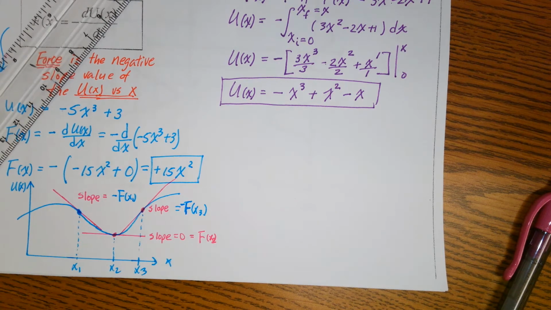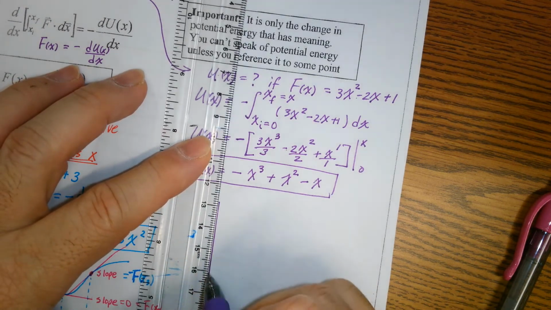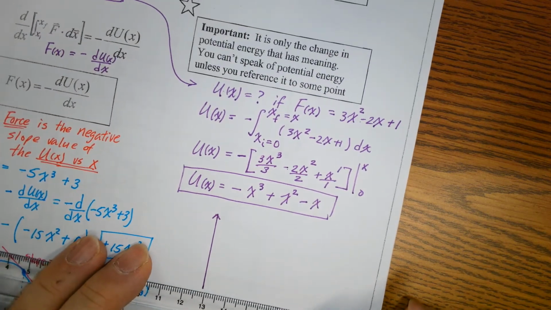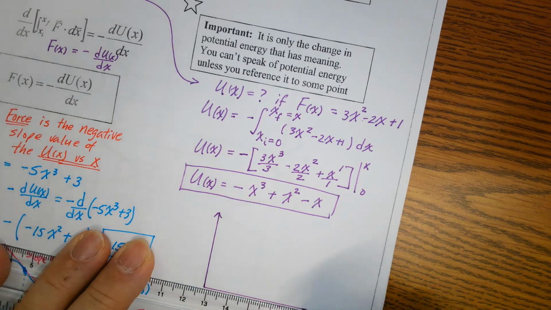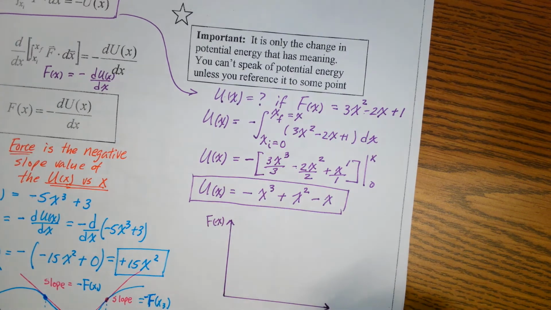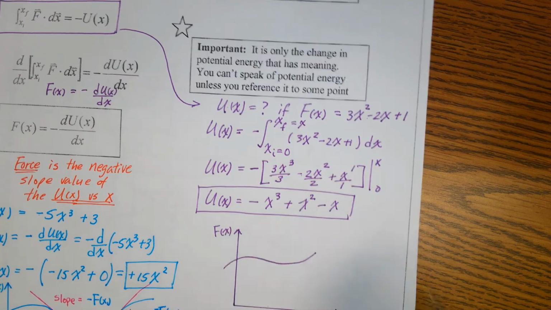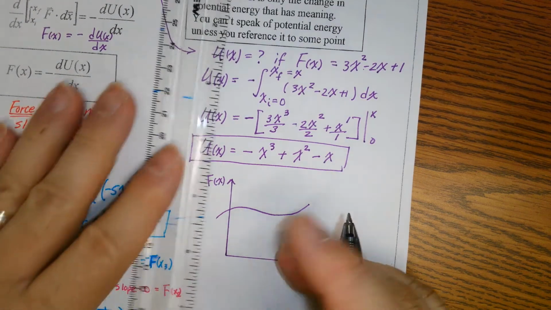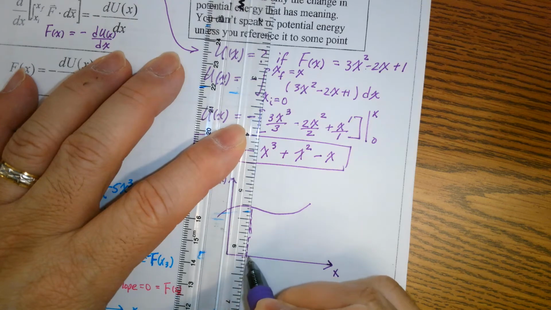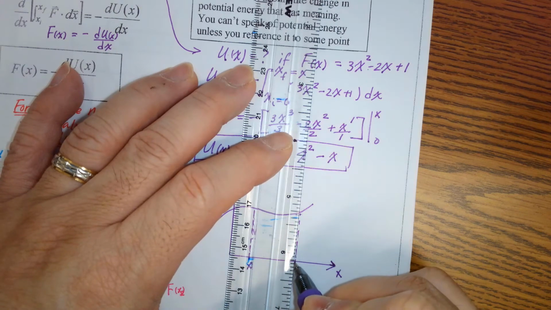All right, that's important. And here, if I had f of x, and then this is x, and I had something like that, here's my x1 and here's my x2.